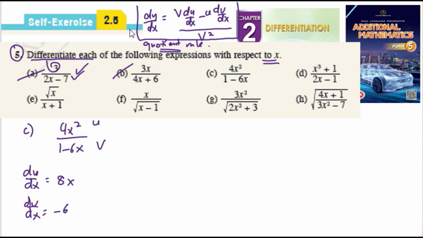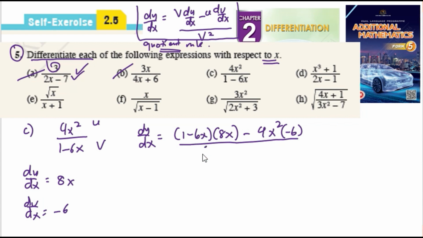Alright, so we just key in. dy over dx is equal to, here v is 1 minus 6x, du over dx is 8x, minus u is 4x squared, and then dv over dx is negative 6. Divided by v squared, which is 1 minus 6x squared.